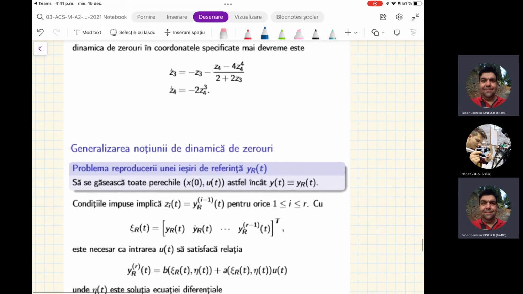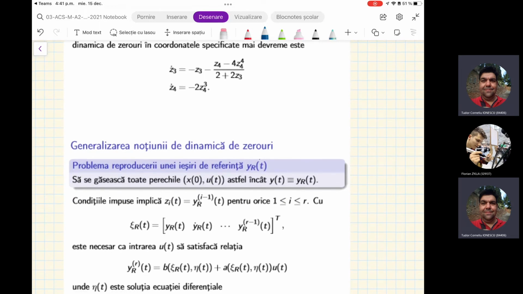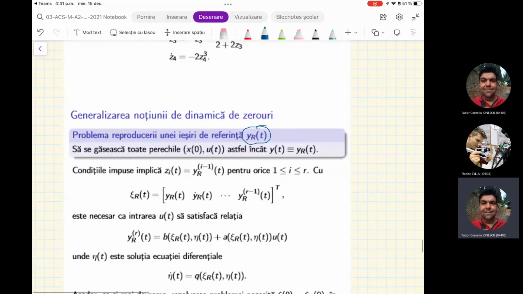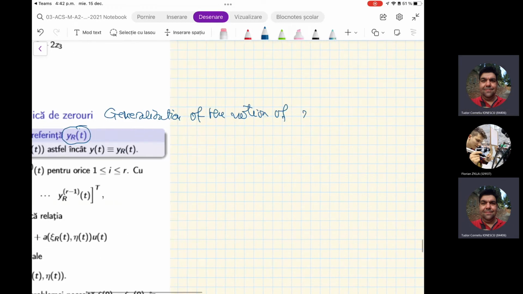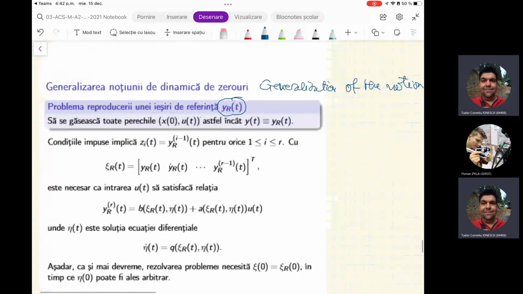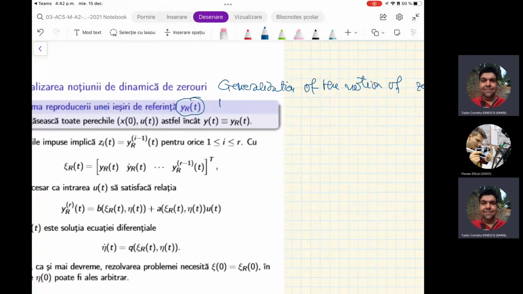And of course, there is the problem of reproducing a reference output. So here we have a generalization of the notion of zero dynamics. And we have the problem, okay, of tracking a reference output.